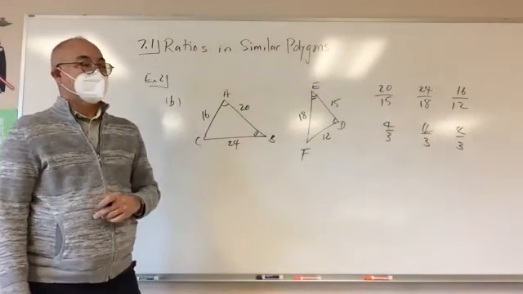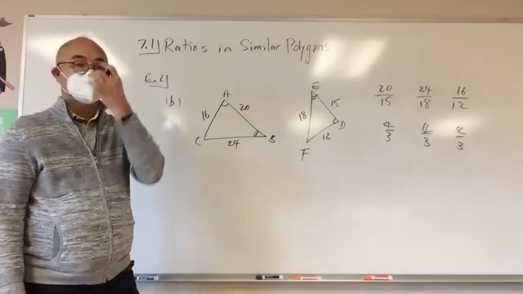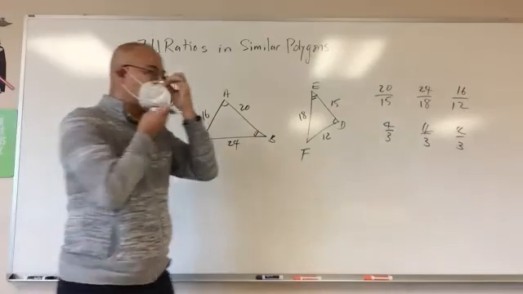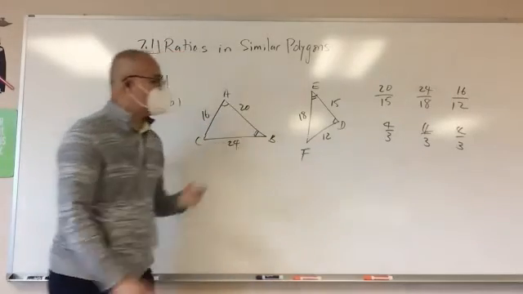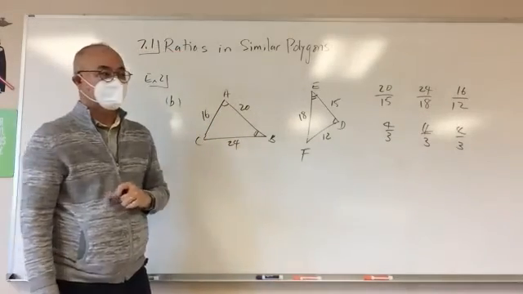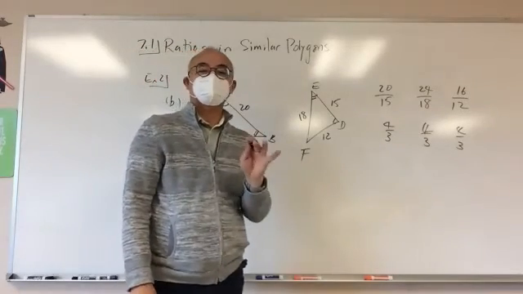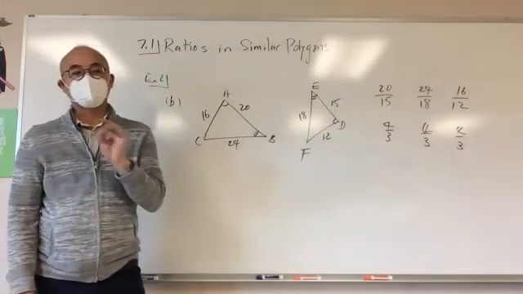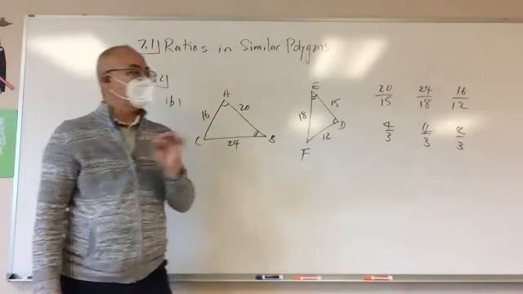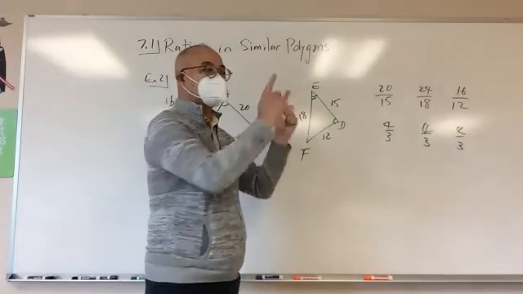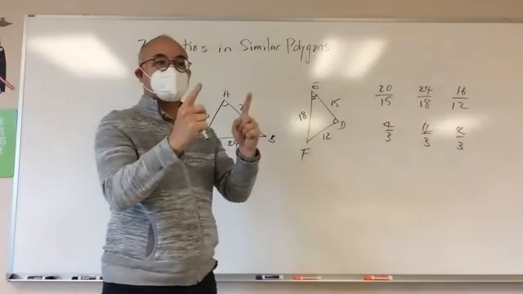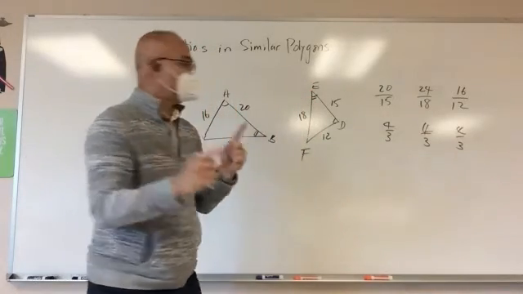Okay. So here's the tricky part. And now they asked us to write the similarity statement. This is the same as we did with the congruence statement. Remember I told you when we're doing the congruence statement that each corresponding point has to be correct, right? Same thing here.